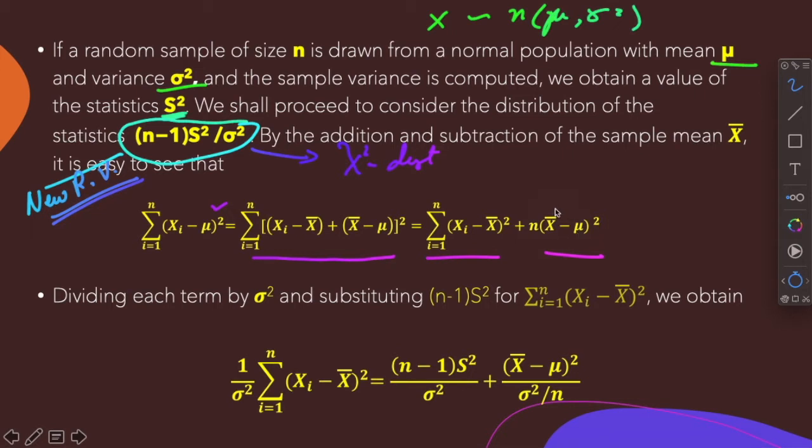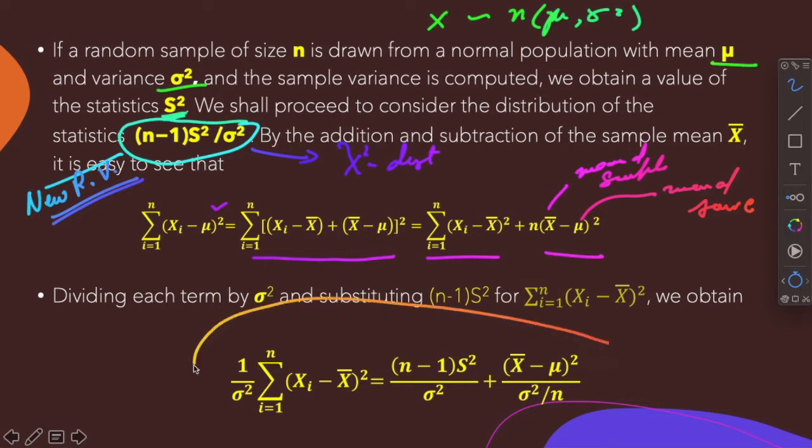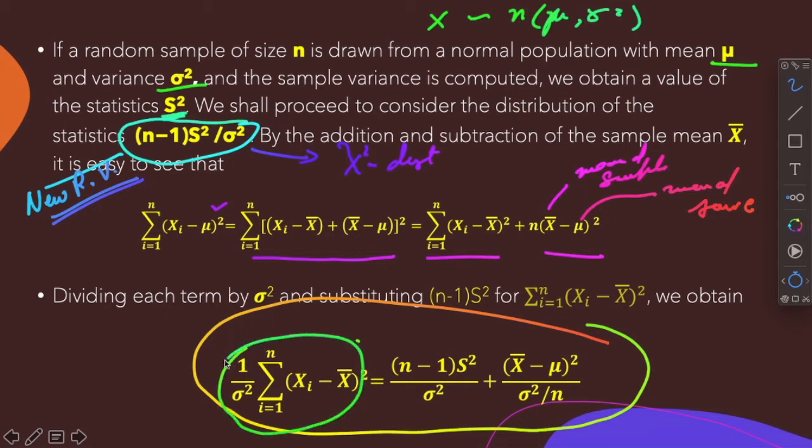X bar is the mean of the sample, and mu is the mean of the source. So if we divide these, we get this relationship. In this relationship, this is our random variable that has been distributed into two parts.